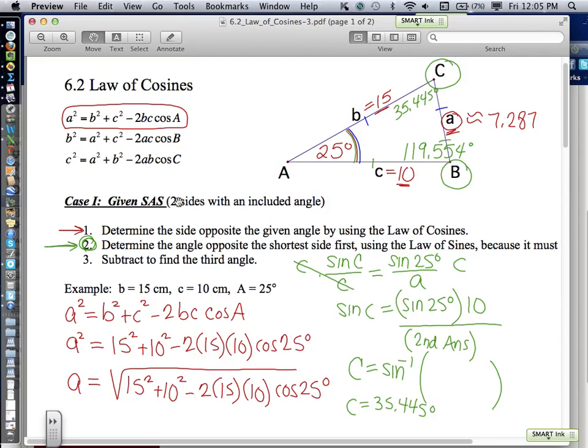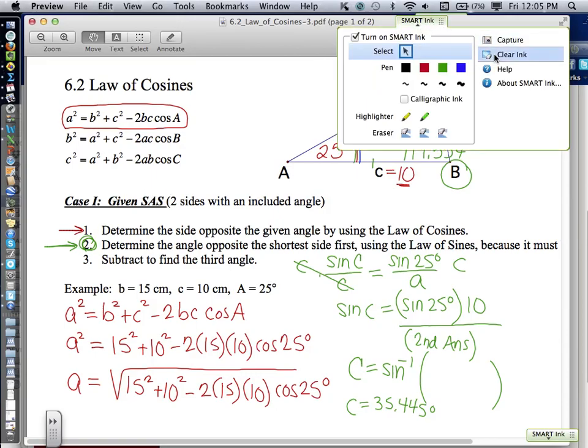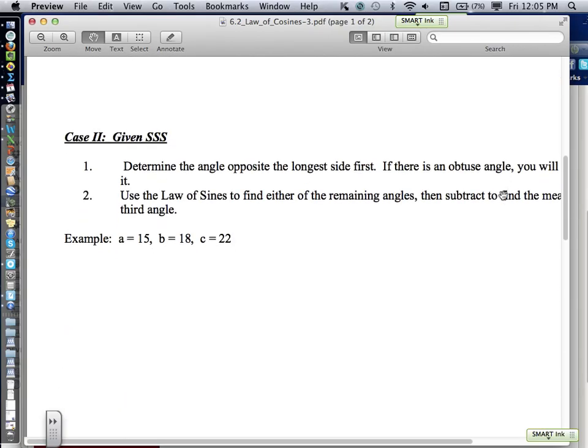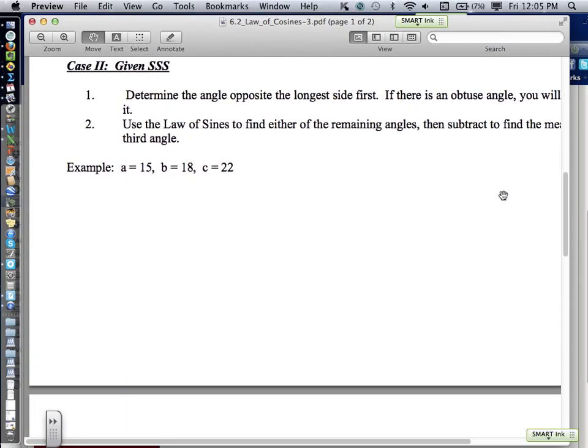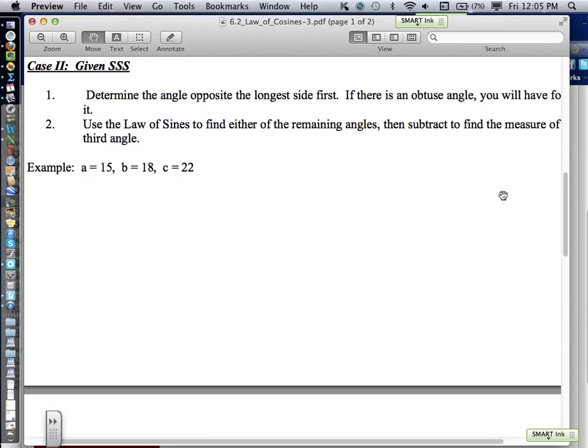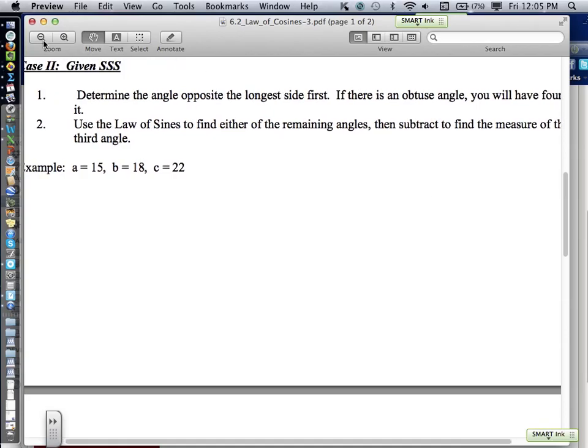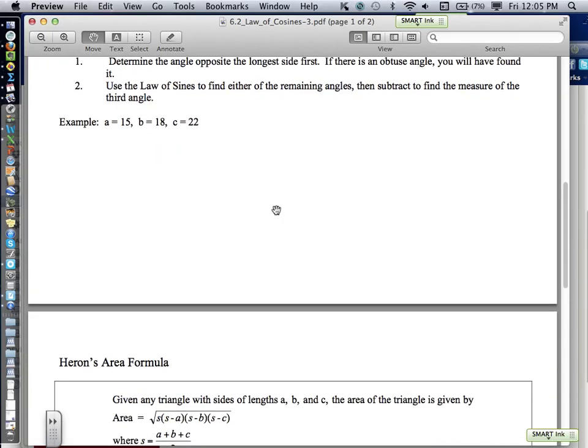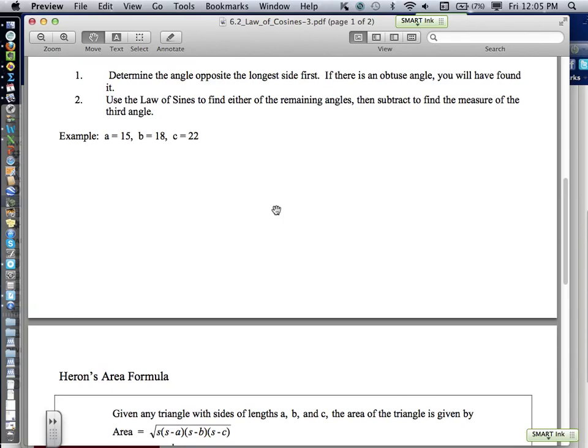So that's given side angle side. So let's go now to the case of side, side, side. So, in this case, for this example, I have side A is 15, side B is 18, side C is 22.